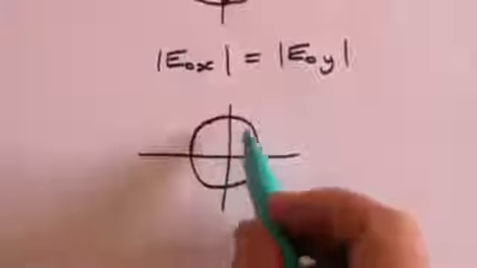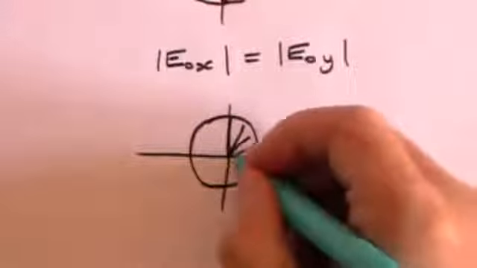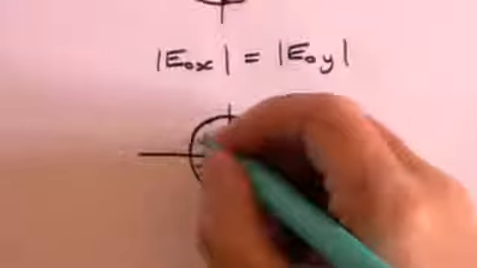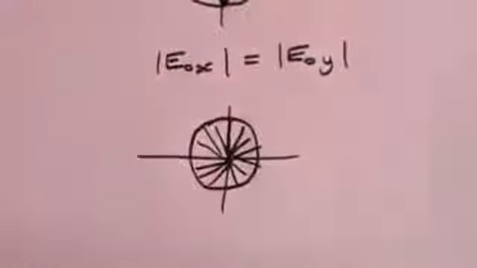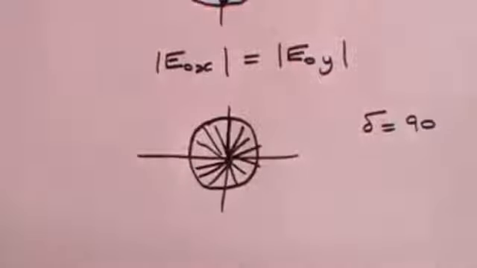The E field will start there, and then in one cycle, it will appear to go round in one circle. As the relative values of the x and the y field change, this is when the x and the y components of the field are 90 degrees out of phase.